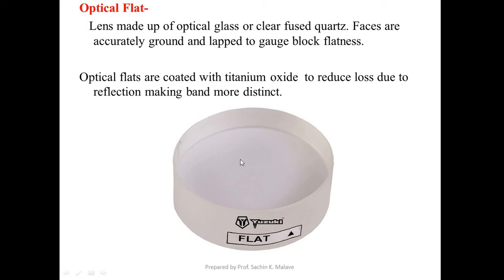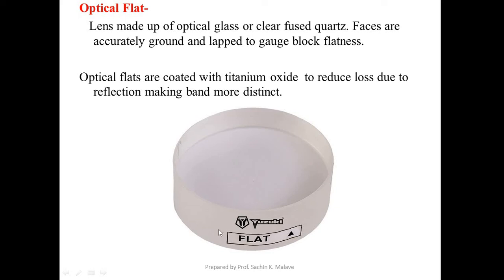This is nothing but a lens that is made of optical glass or clear fused quartz. It may be made of these two materials, with its faces accurately ground and lapped to gauge block flatness.